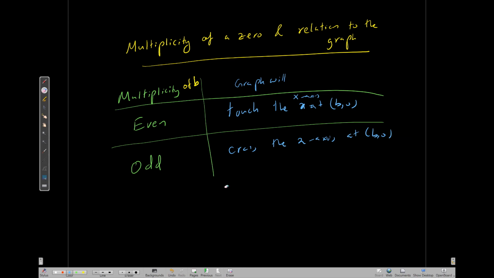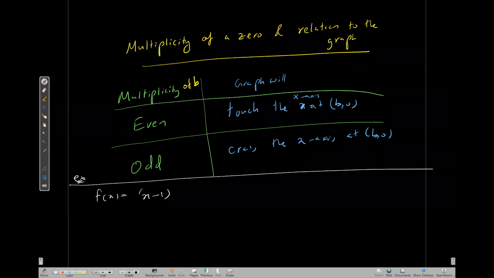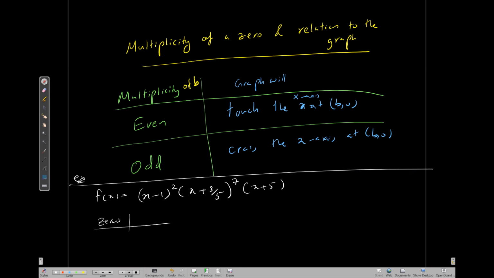For example, let's say you have the function f of x like this: x minus 1 squared, x plus 3 over 5 to the 7th, and x plus 5. Now first of all, what are the zeros? So, zeros with multiplicity.